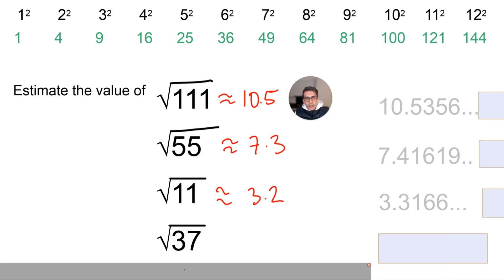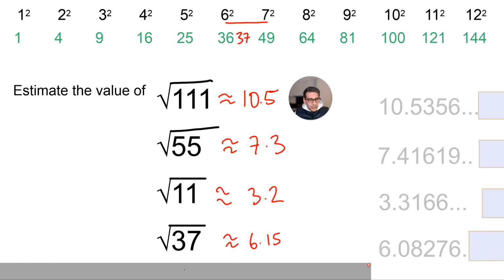Now we know that this is going to belong here. It's very close to 36. So on this scale here, it's going to be very close to 6. So I'm going to say 6.15, and I'm curious about what you would have guessed. So somewhere around there would have been sensible. The exact answer is 6.08.